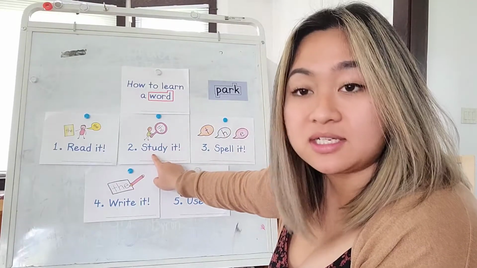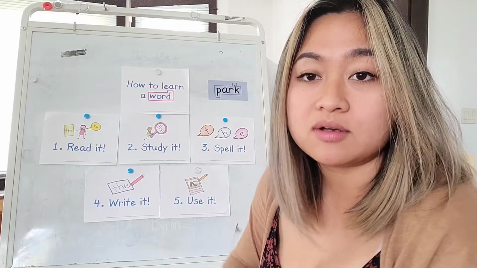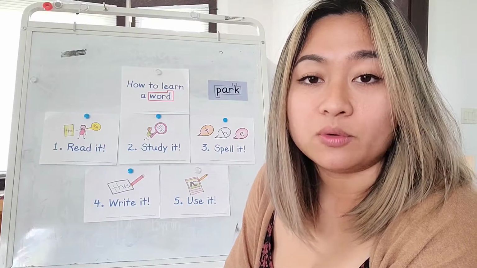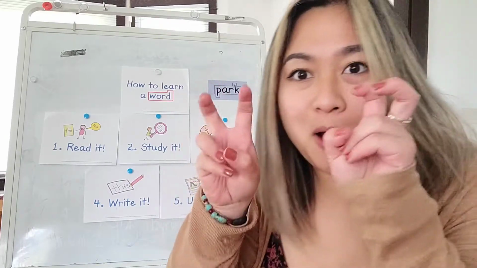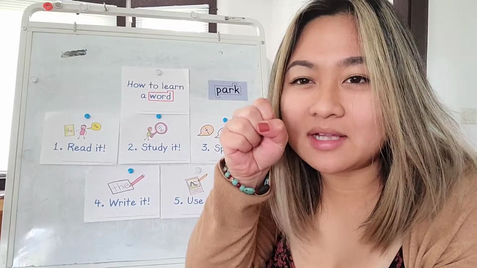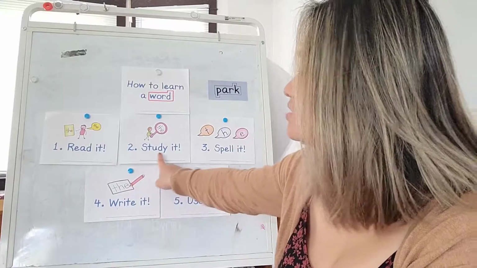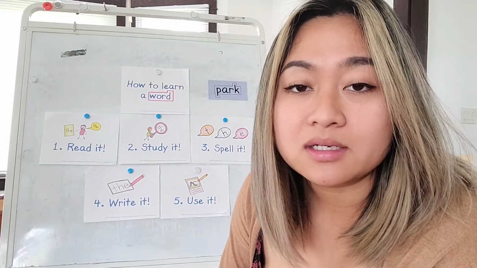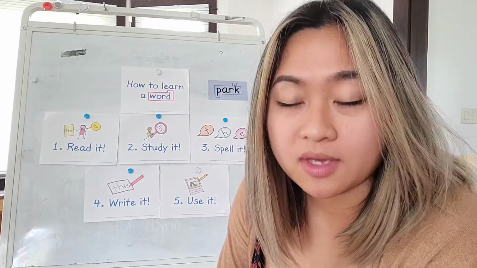Now we would study it. In my classroom, when kids are studying a word, I tell them to pull their magnifying glasses out. So they just reach in their pocket, pull the magnifying glass out, and look at the word closely. This step just means look closely at the word and say what you notice. Okay?